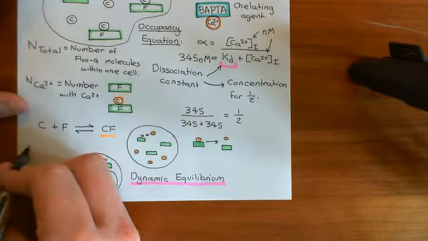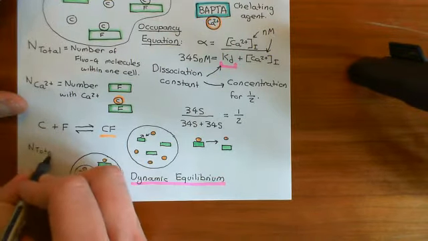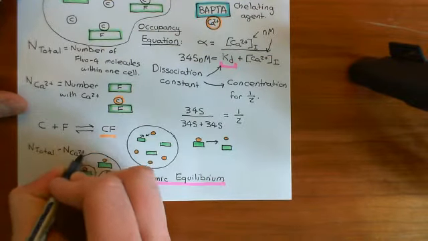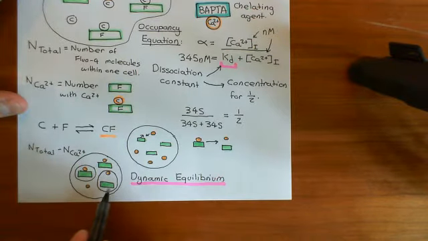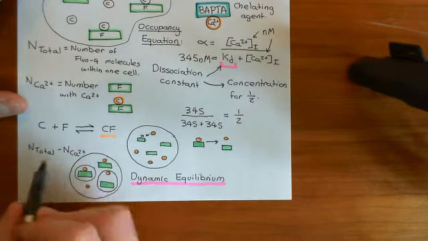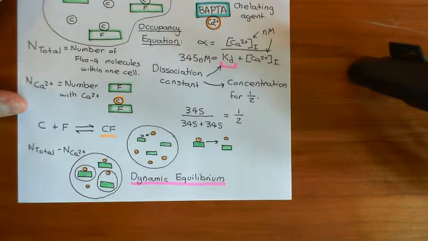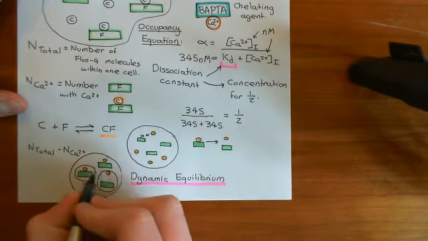Okay, if we wanted to know how many were actually free, i.e. they don't have calcium bound, the number that don't have calcium bound would be the N total take away the NCa2+. Okay, this would give us the number that don't have calcium bound. In this case 1, which is just 3 minus the number that do, which is 2. Okay, so 1.